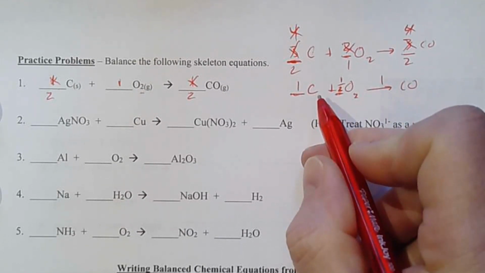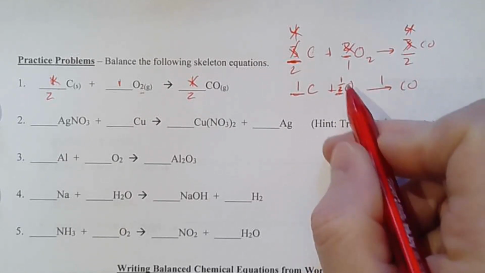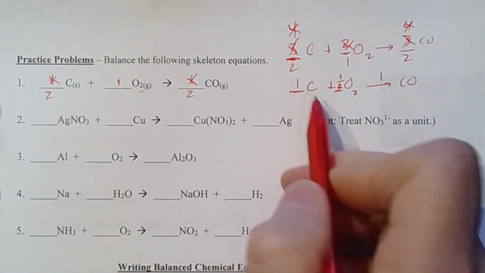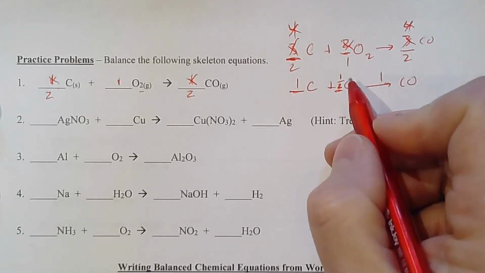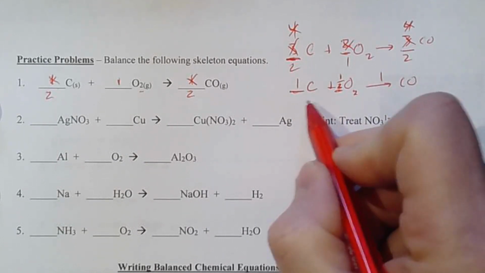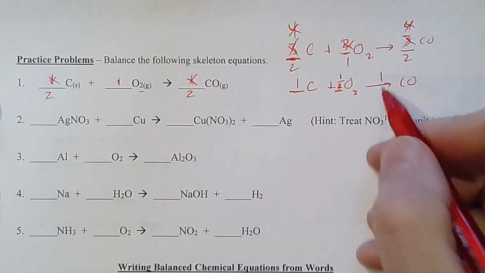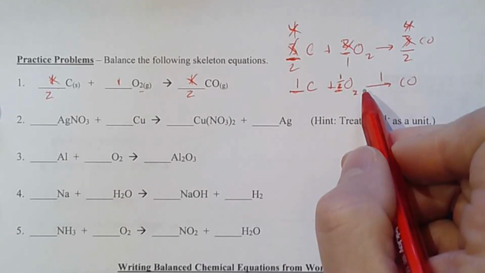If you are comfortable with math to this level, you would notice, well, how do I make 1/2 into a whole number? Well, I just have to multiply it by 2. And so if I multiply everything here by 2, I end up with 2, 1, and 2.